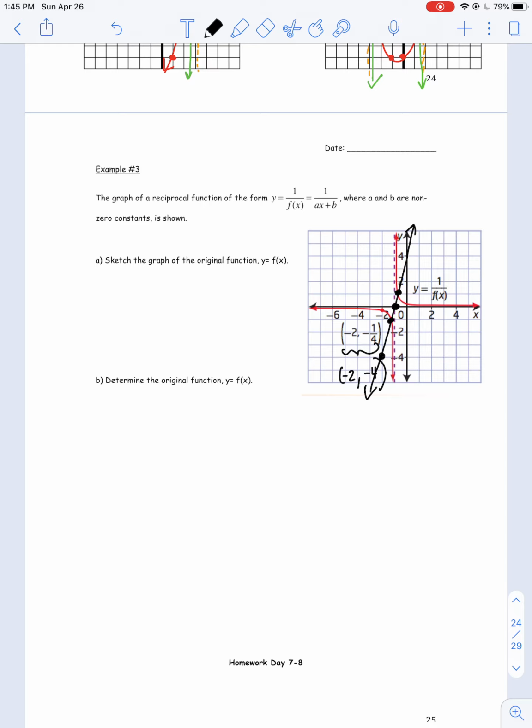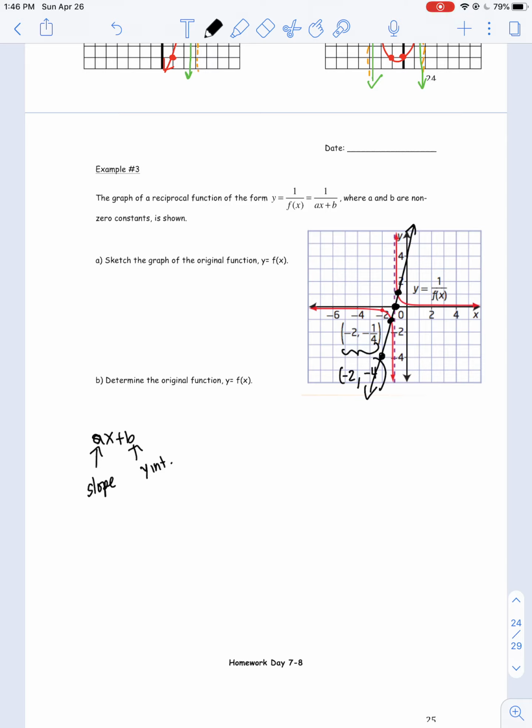Okay, so once we've sketched the graph of the original, now we're answering B. They want us to figure out the equation for the original function. So we need to figure out what ax plus b is. Well, a is your slope on your black graph. B is always your y-intercept value. So our slope, we can always do rise over run, right?